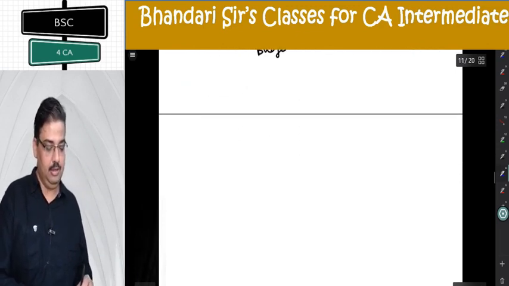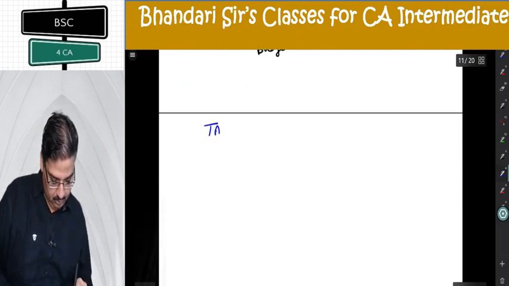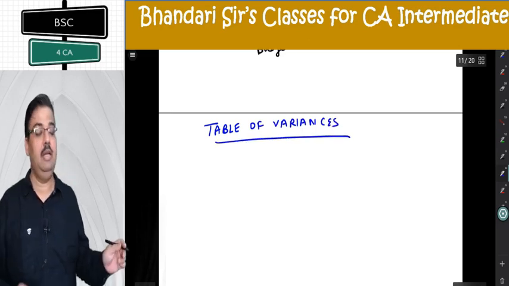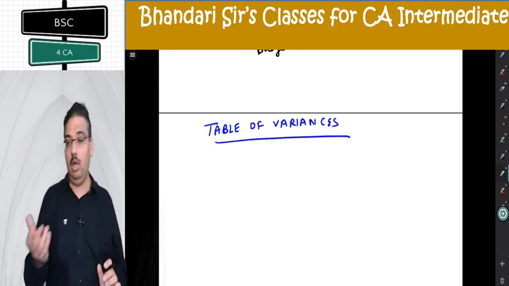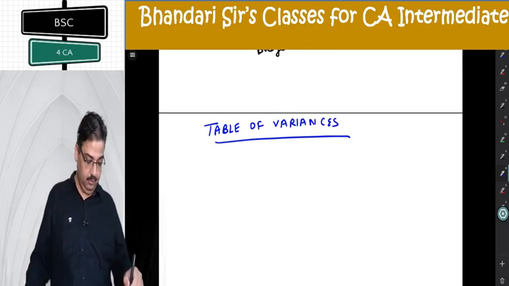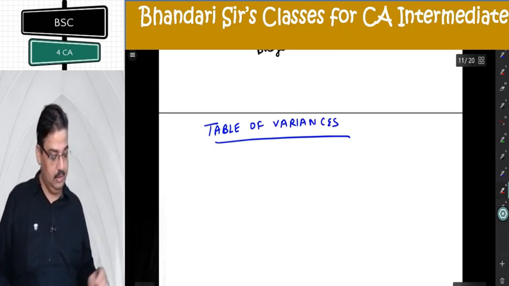Table of variances. As it is a very small category, only 3 steps, the table is very small. The table looks like this.